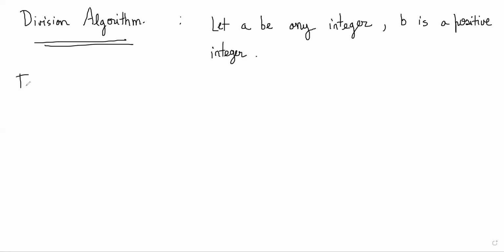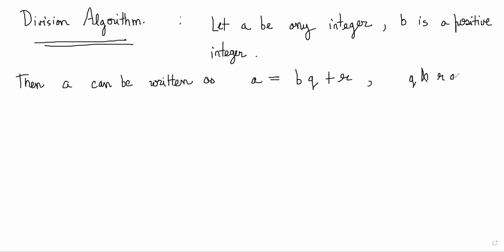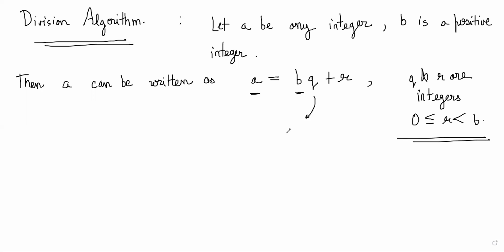Then A can be written as BQ plus R. So A is equal to BQ plus R, where Q and R are integers, and 0 is less than or equal to R is less than B. Basically, you are dividing A by B, and Q is the quotient, and R is the remainder.